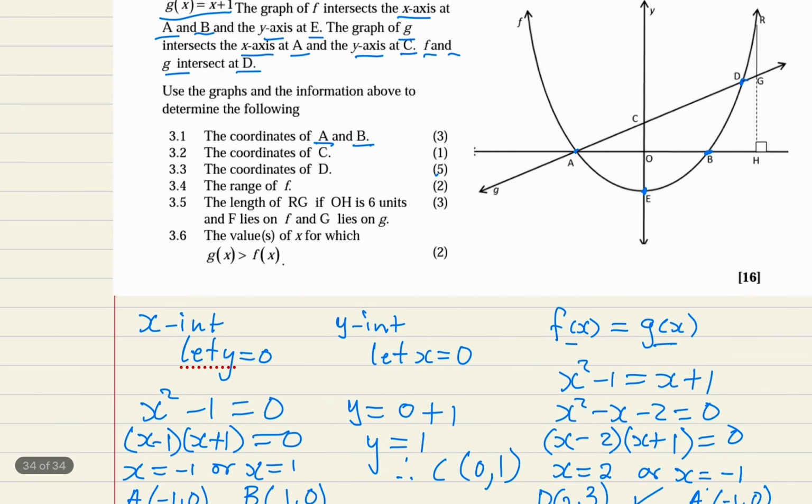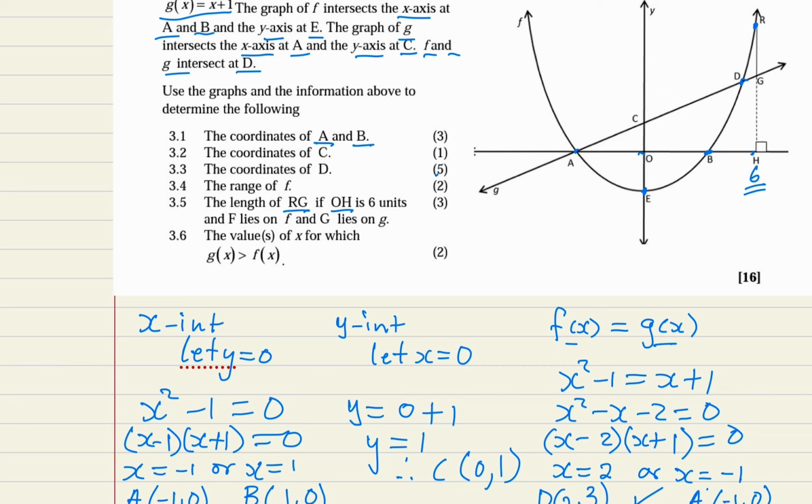Okay. Now, they said determine the length of RG. If OH, where is OH? OH is 6 units. So that means here, I know that this x here is 6. Okay, we are looking for RG, not RH. Sorry.